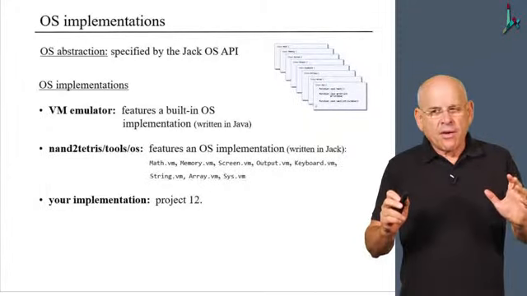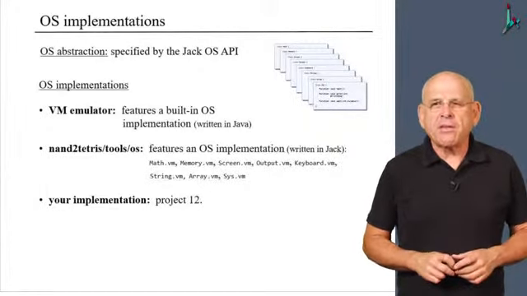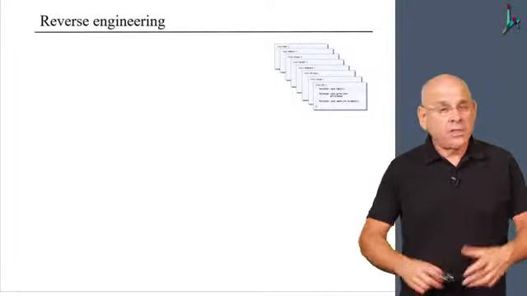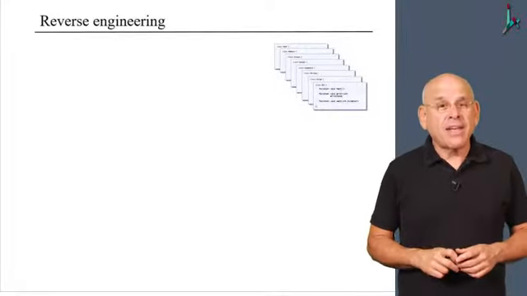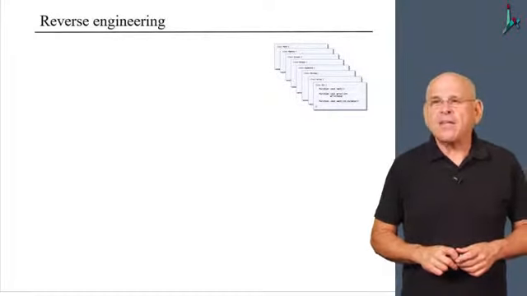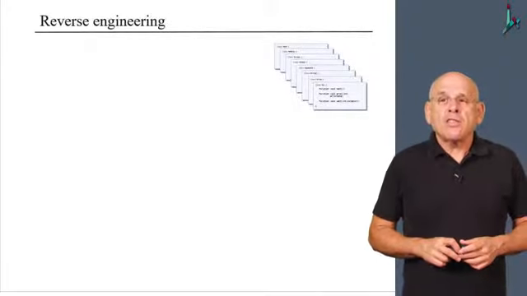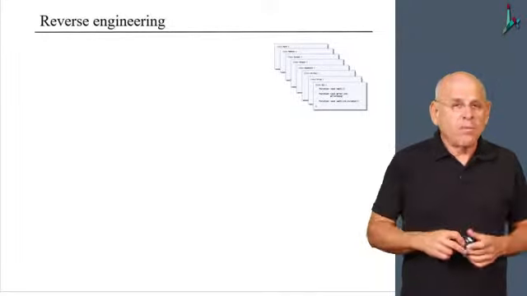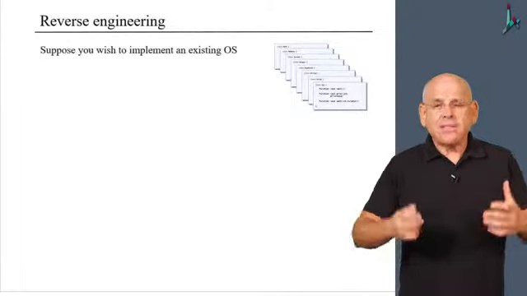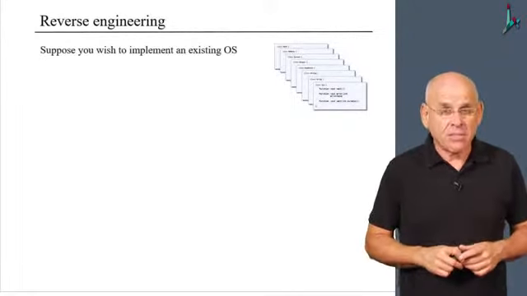Now, before we go on, I'd like to say a few words about reverse engineering, which is an important technique in the software developer's toolbox. So let's assume that we want to implement some existing operating system.